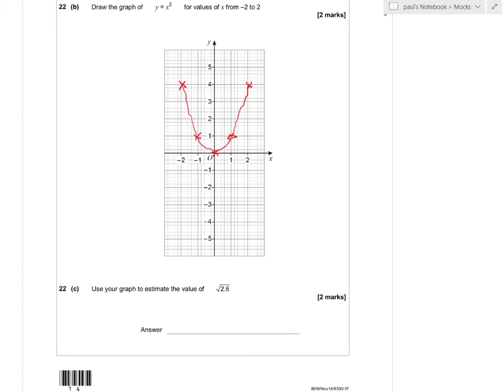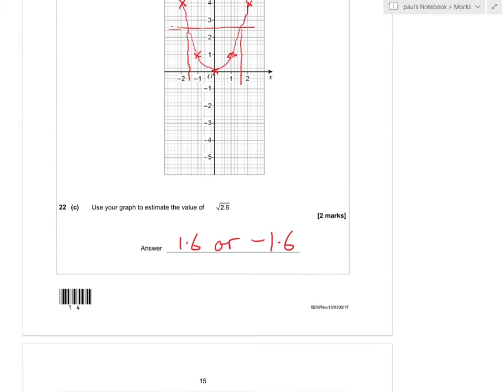So if I do y, 2.6, which is about there, yeah, and then come down there, I'll find out what x is. So it's either going to be 1.6 or minus 1.6. Yeah.